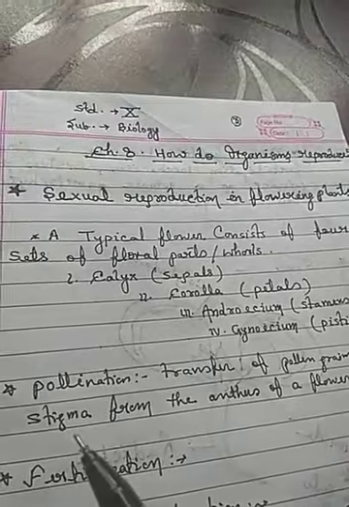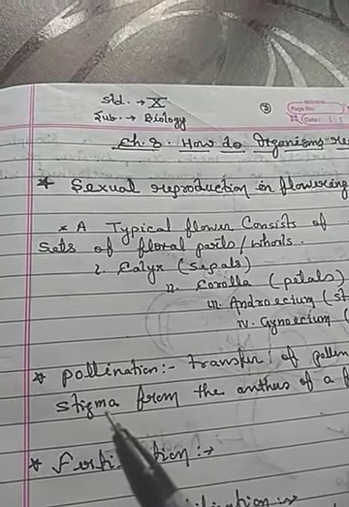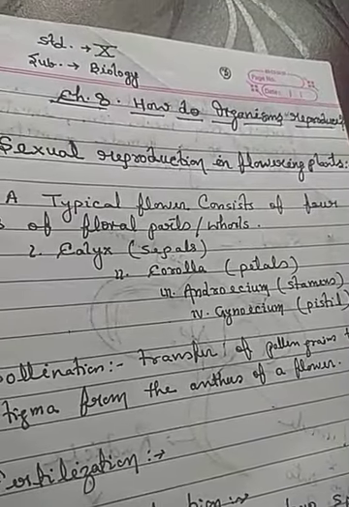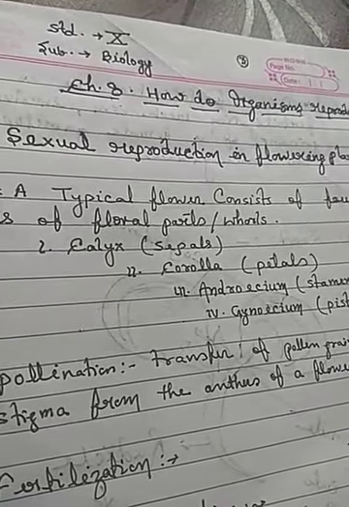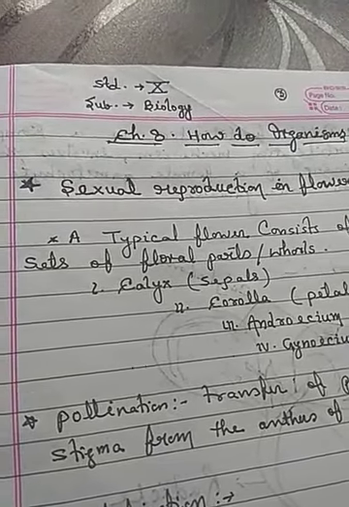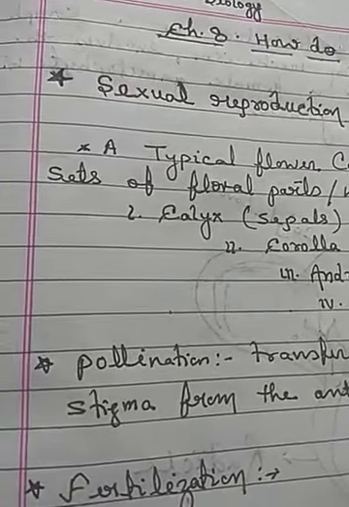Pollen grains are present in the anthers of the male part, and the stigma is the upper part of the female part of the flower. So from the anthers, pollen grains fall down on the stigma. This process is called pollination.